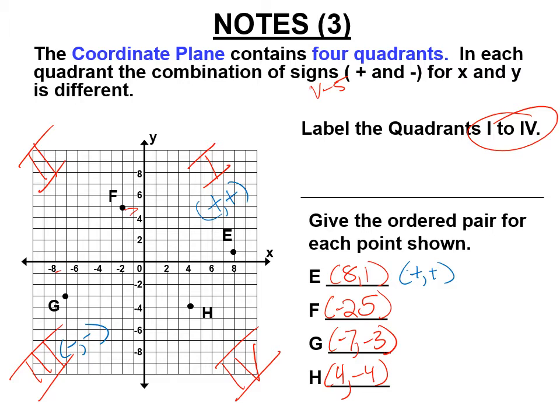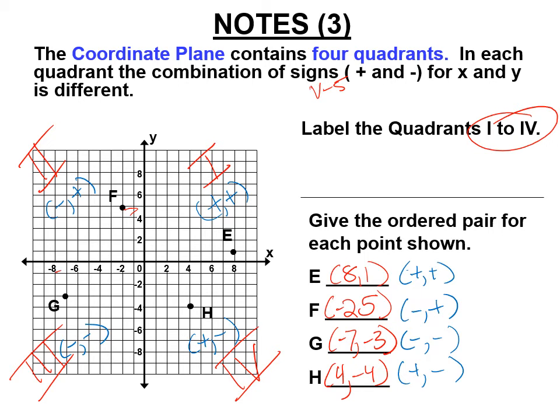Quadrant 2 starts with a negative and ends with a positive. Quadrant 4 starts with a positive and ends with a negative. Okay? And those are the 4 different quadrants.